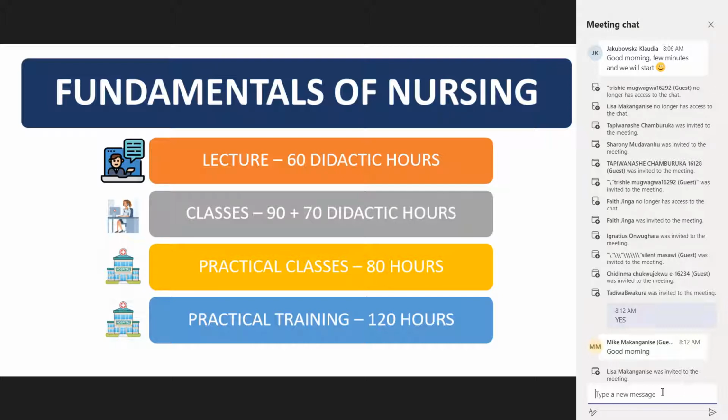After lectures and classes, after 2 semesters, you have practical classes, which is 80 hours, and practical training, 120 hours. Practical classes and practical training you will have in the hospital.